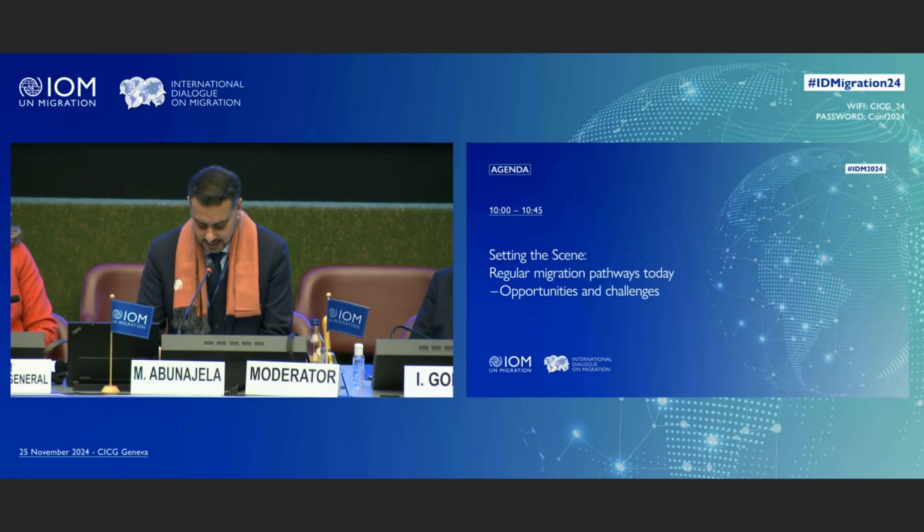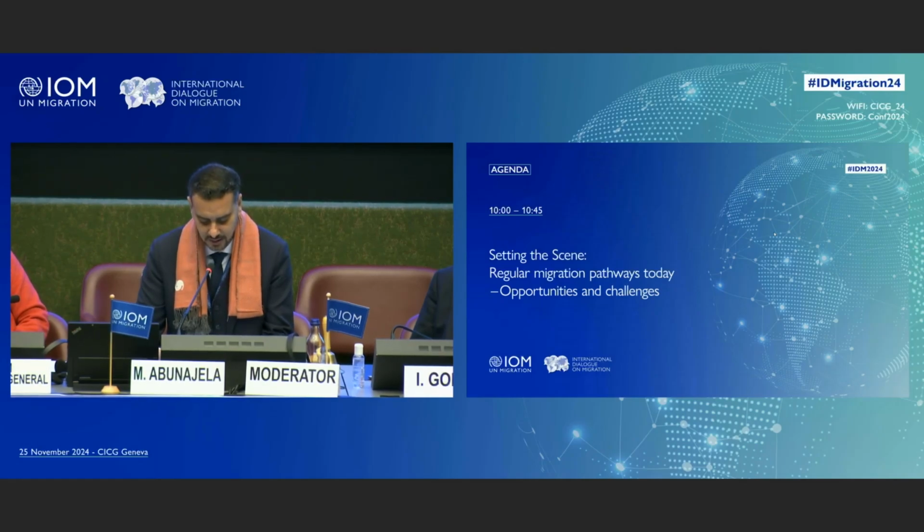But evidence highlights that currently the available options are insufficient for the complex, shifting context of today and tomorrow. There is a need to strengthen regular migration pathways to mitigate the risks of deepening divides and inequalities globally.